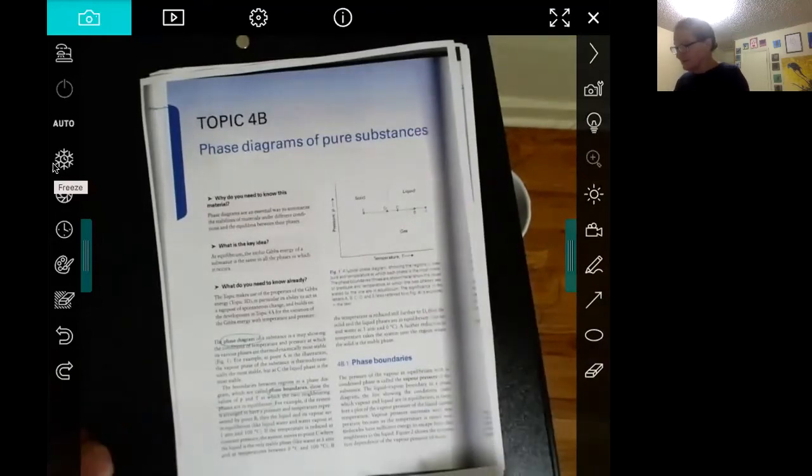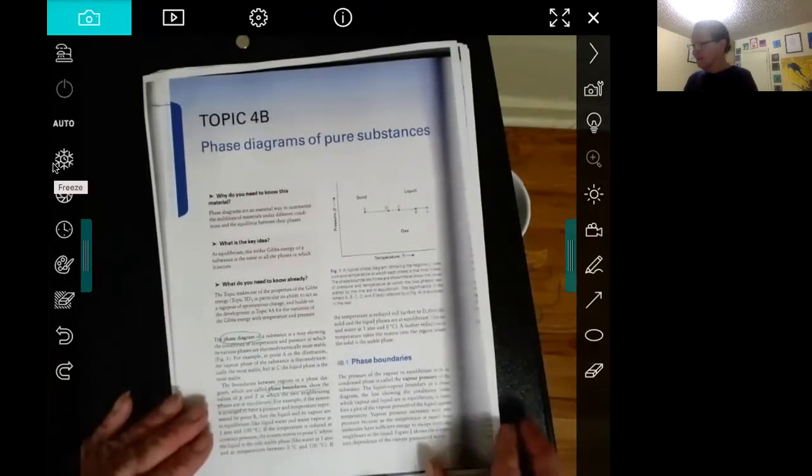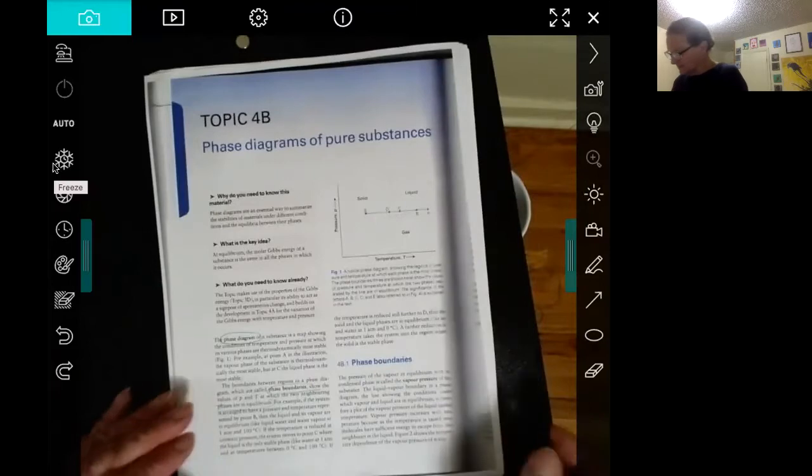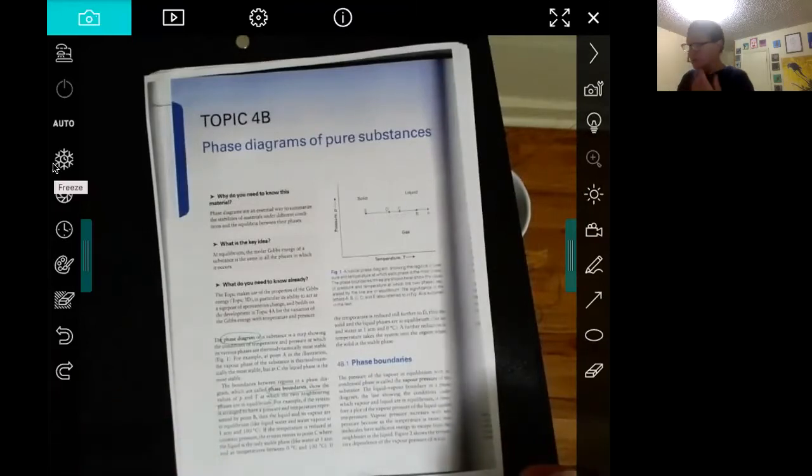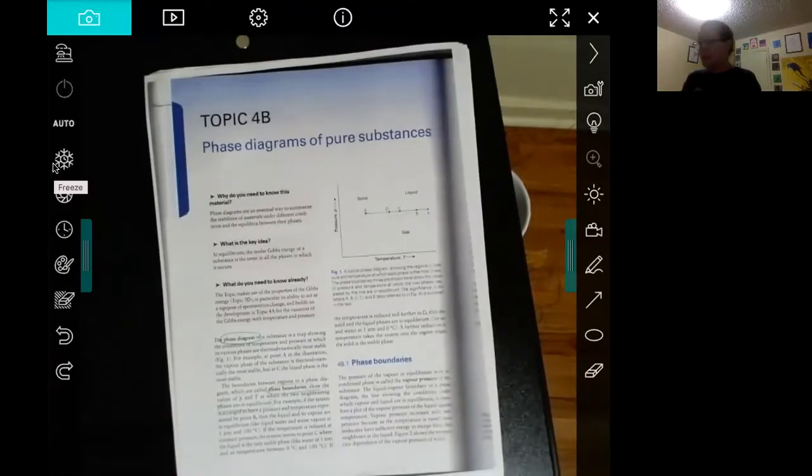A phase diagram is generally created experimentally, but we're going to see that you can actually understand what some of those lines depend on. So the phase boundaries, for example, when you're talking about a liquid-gas boundary, then you're really talking about the vapor pressure.